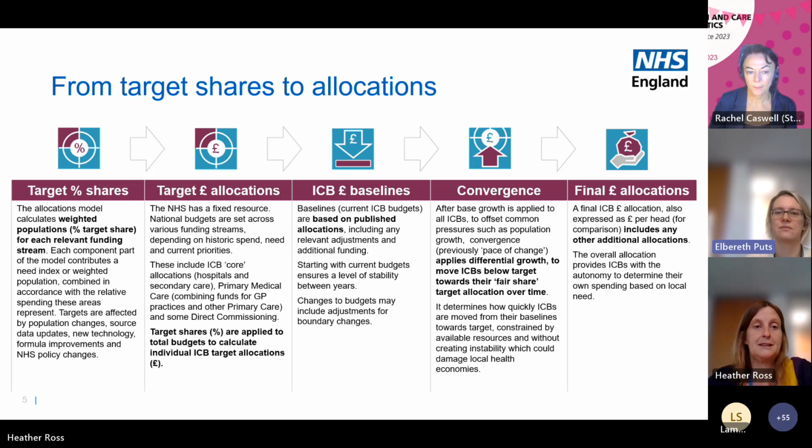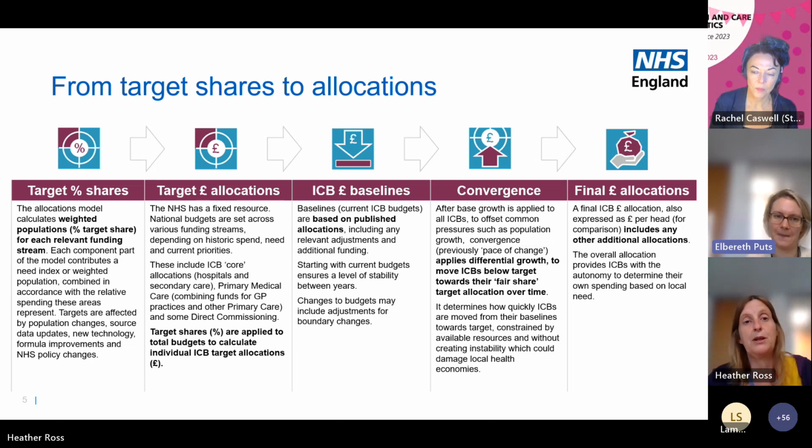The first is where the majority of the work of my team sits, which is calculating the target share for each ICB. This is based on the allocations models that we produce, looking at the different health needs of different populations.